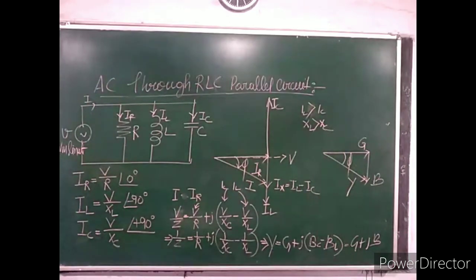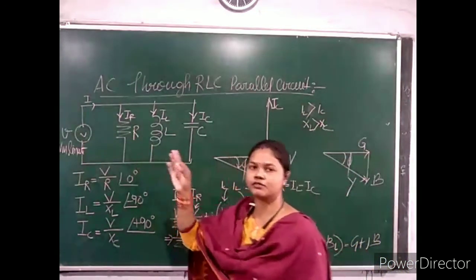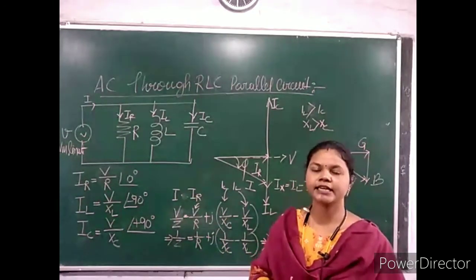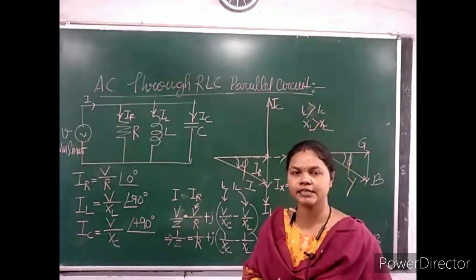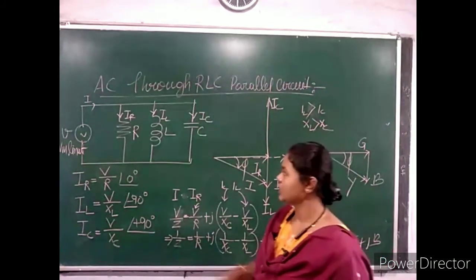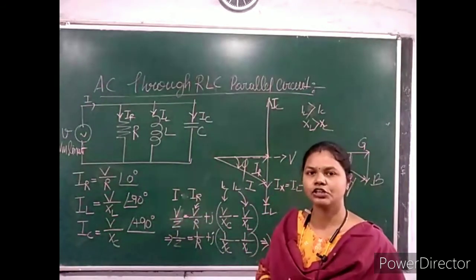Here also the average power is consumed only by the resistive part, which is VI cos phi, which we have already derived for RL series, RC series and RLC series circuits, because the power consumed by purely inductive and capacitive circuits is 0.